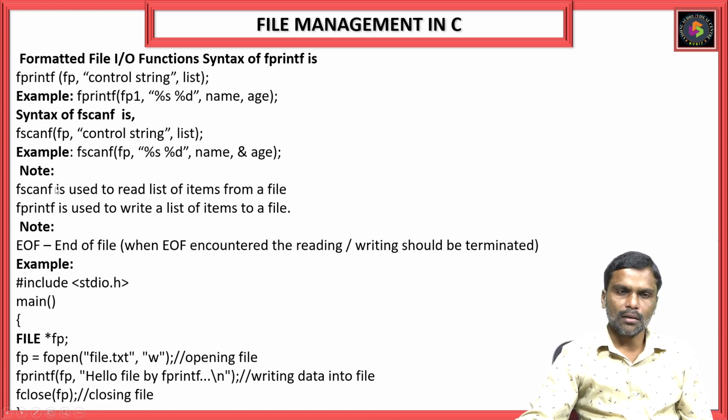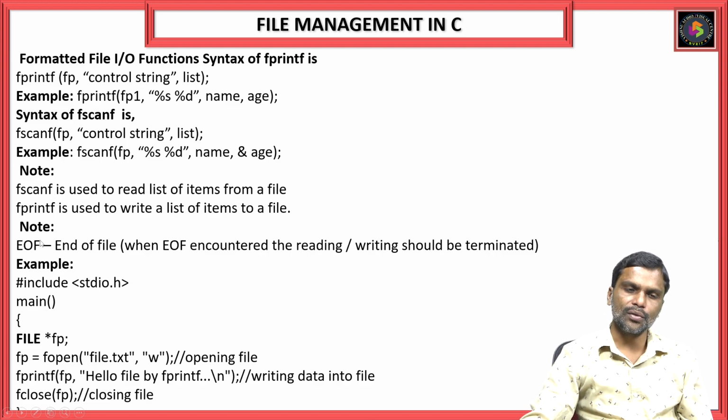Then I have given here the note points. Here fscanf is used to read a list of items from the file, and fprintf is used to write a list of items to the file. In order to read and write, we use fscanf and fprintf respectively.